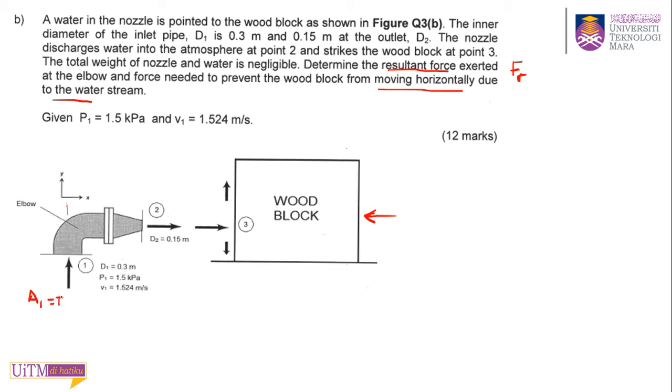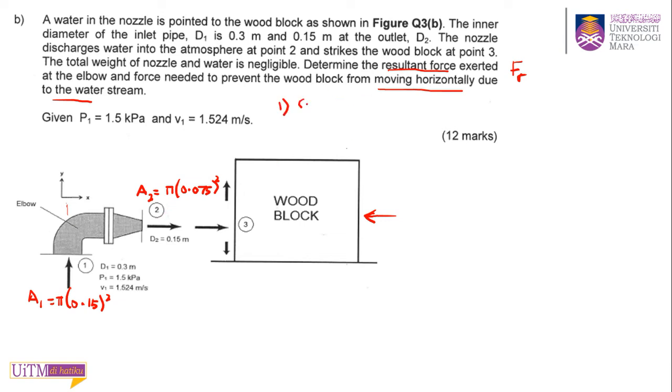A1 is pi times 0.15 squared, and A2 will equal pi times 0.15 divided by 2, which is 0.075, squared. And you have V1, so that you can find V2 from the continuity equation.